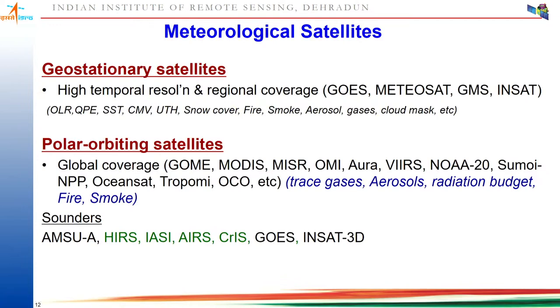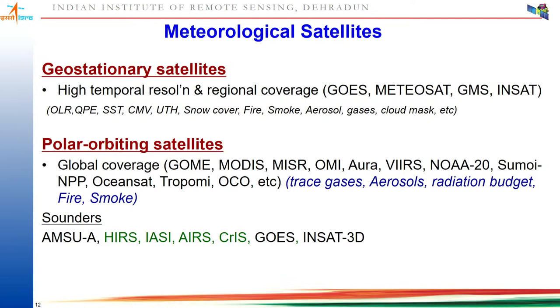Now, talking about the satellites. As you know, the satellites are classified differently, that is, geostationary satellites or polar orbiting satellites. In this platform, there are some meteorological satellites dedicated only to studying meteorological processes.